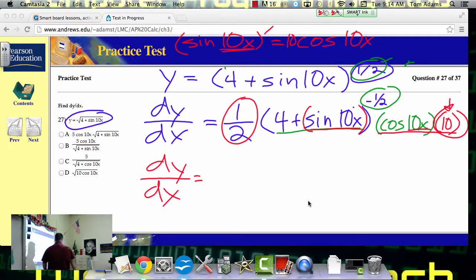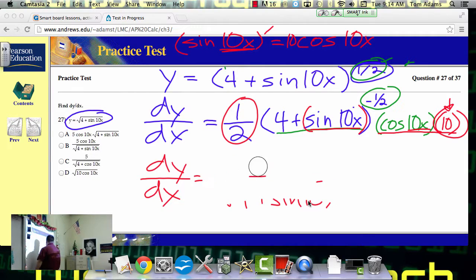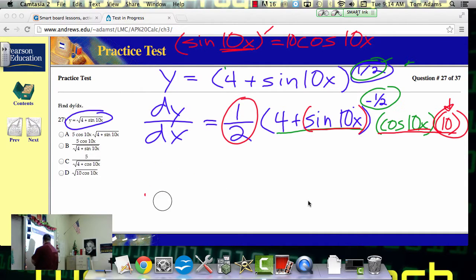The negative 1/2 goes on the bottom, so I've got a 5 on the top, and the negative 1/2 comes to the bottom, so this would be the square root of 4 plus sine of 10x. I can't skip a step, so I'll show you guys. Let's make a little room. Okay, you guys ready? Pay attention.